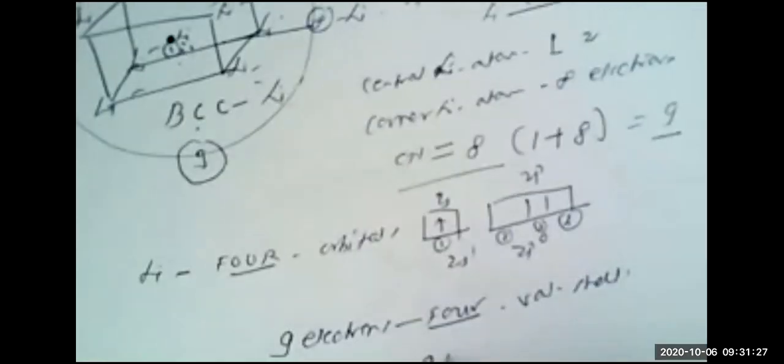So the 9 electrons from the body-centered cubic structure have 4 valence shell orbitals each. That means 9 multiplied by 4, there are in all 36 orbitals. A single electron has the choice of 36 orbitals. So this is how the 36 orbitals form one unit cell of lithium.